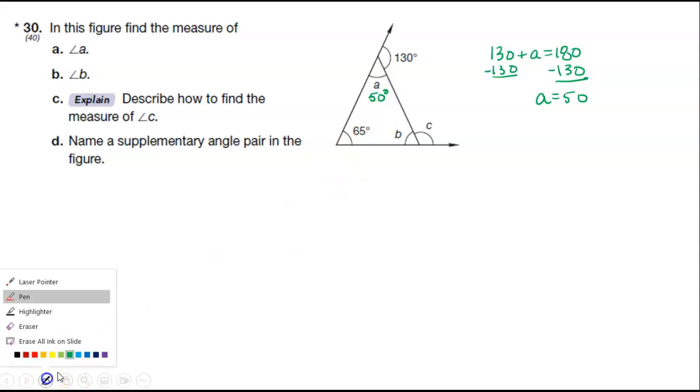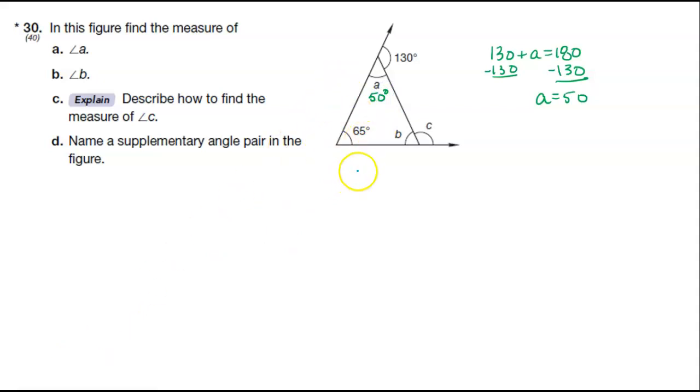And then to find B, I know that 50 plus 65 plus B is equal to 180 because it's inside of a triangle. So let's do 50 plus 65. And then we're going to subtract that from 180. Minus 115. I get 65 for B.